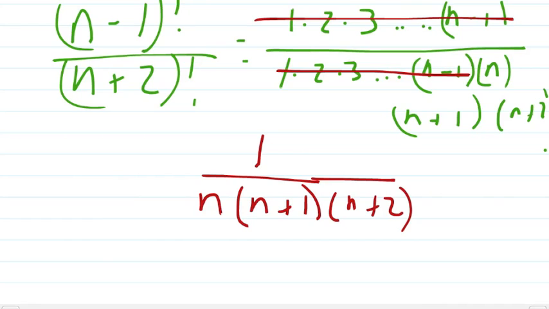Yes? How'd you get the n plus 1? Here, this one? Okay. Because the bottom expression, the denominator, is n plus 2, right? So that means this is exactly the same as, let me rewrite this, n minus 1 factorial over n plus 2 factorial.